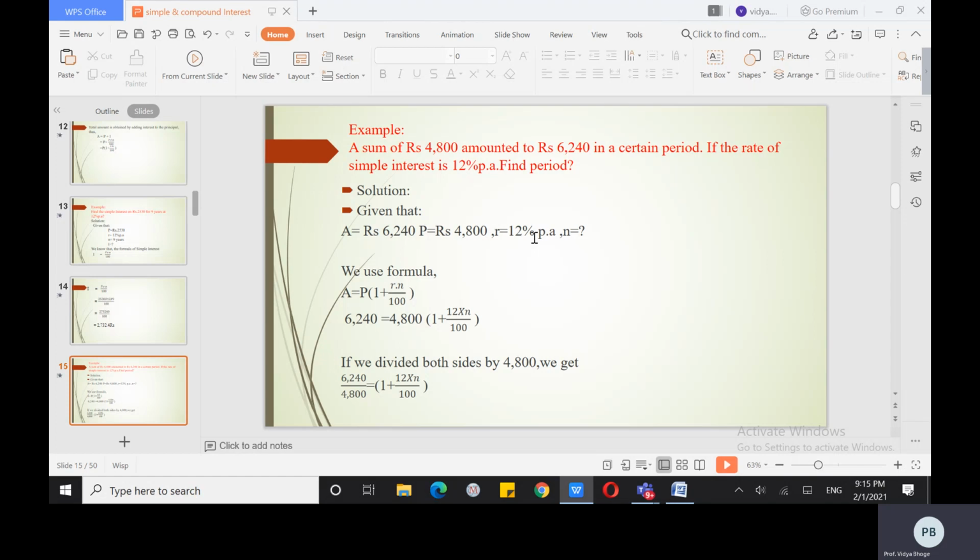A is 6240. P, the principal amount, is 4800, in bracket 1 plus R, which is 12%, into N divided by 100.